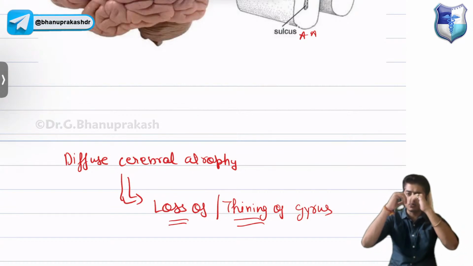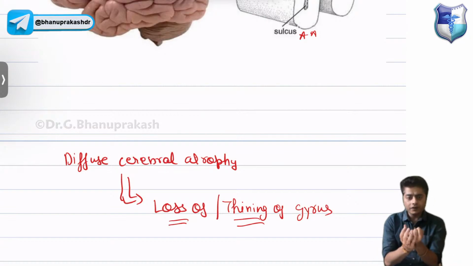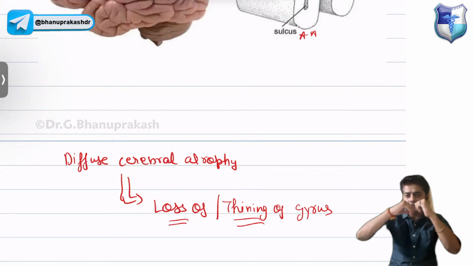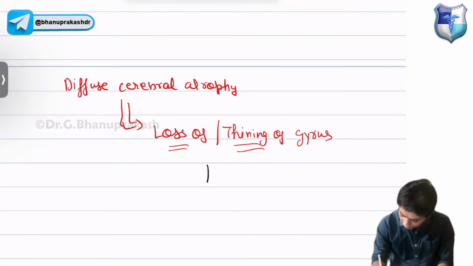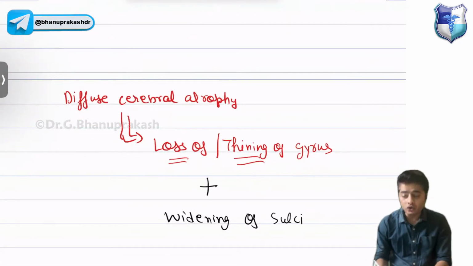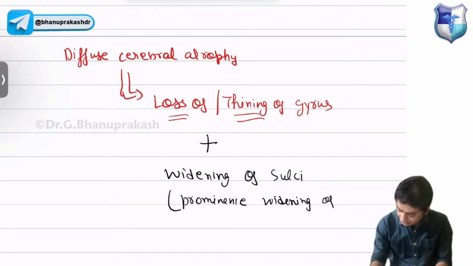Suppose these are your gyrus, and in between the gyrus is your sulci. Now due to cerebral atrophy, your brain is getting shrunken, so the gyri will shrink. If the gyri shrink, the space which was present between them, that was your sulci, will increase. So there is loss or thinning of gyrus plus widening of sulci, or you can say prominence of sulci.